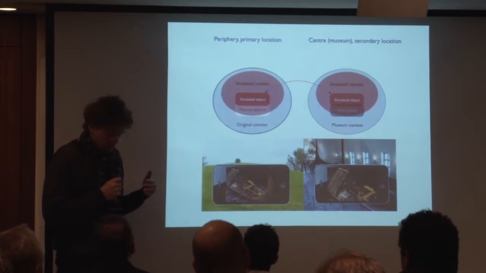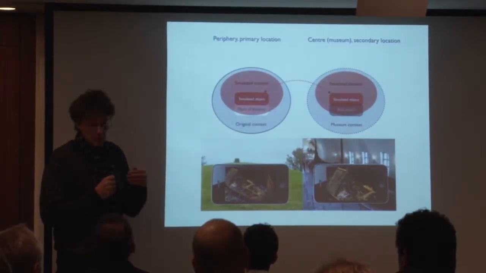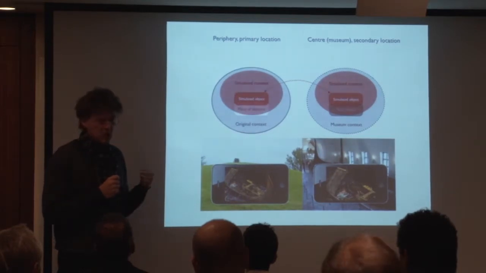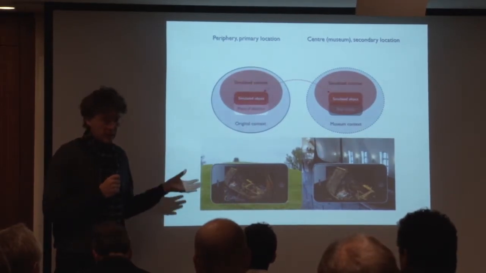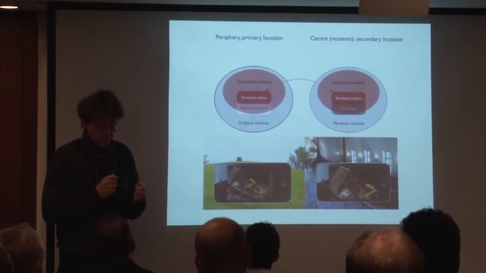It's also possible to bring this environment into the museum context, so that you can share this virtual environment between the original environment and the new environment of the museum.